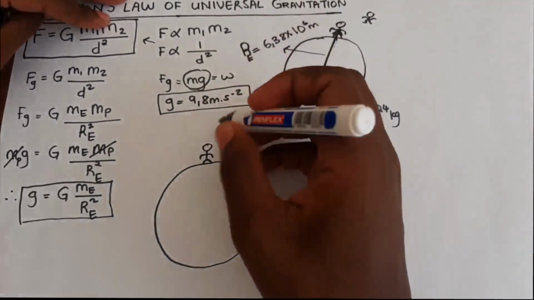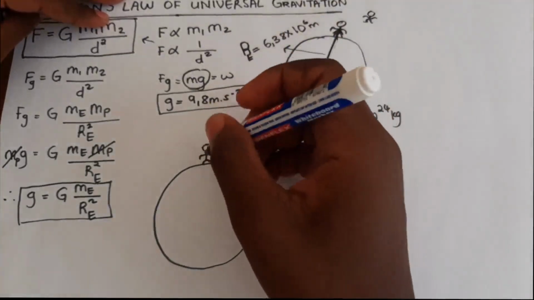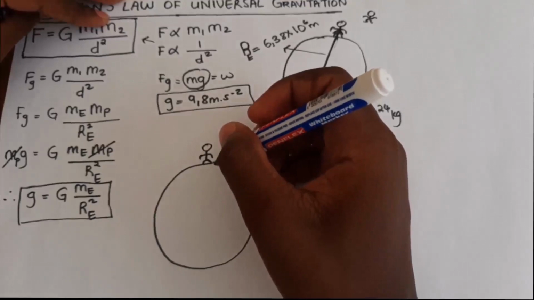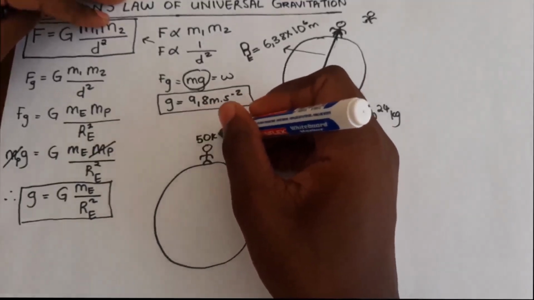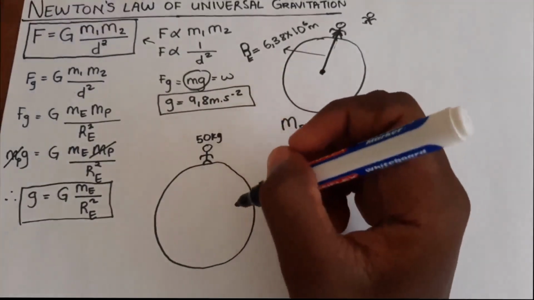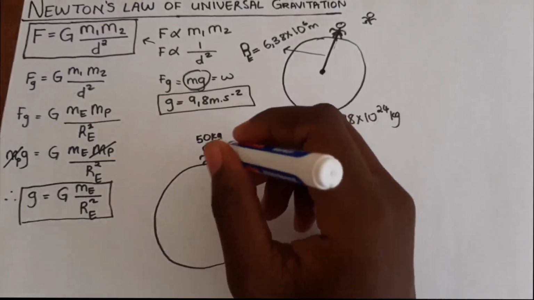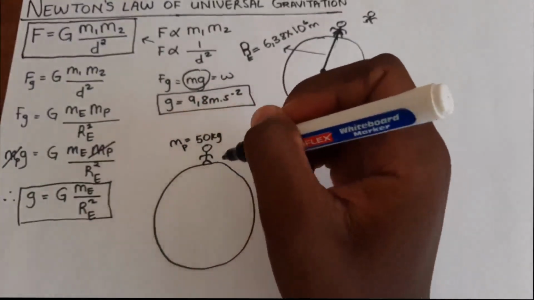Let's give their mass: let's say 50 kg. This person is 50 kg, that's their mass.